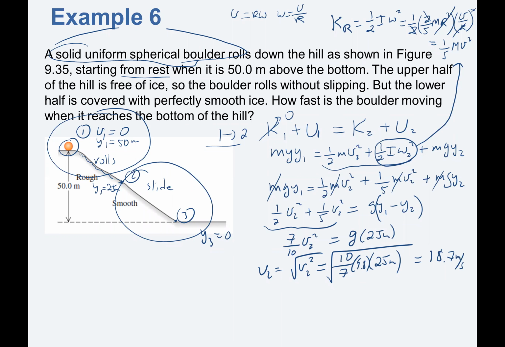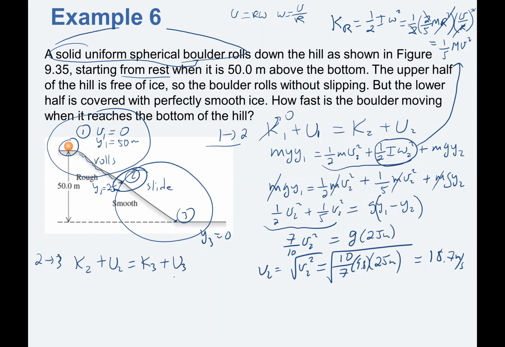That means when it gets to point 2, it's moving at 18.7 meters per second. And then from that point down, it's sliding down. If it's sliding down from that point, then I can say this is going from 2 to 3. What I have is this: kinetic energy at 2 plus potential energy at 2 equals kinetic energy at 3 plus potential energy at 3.